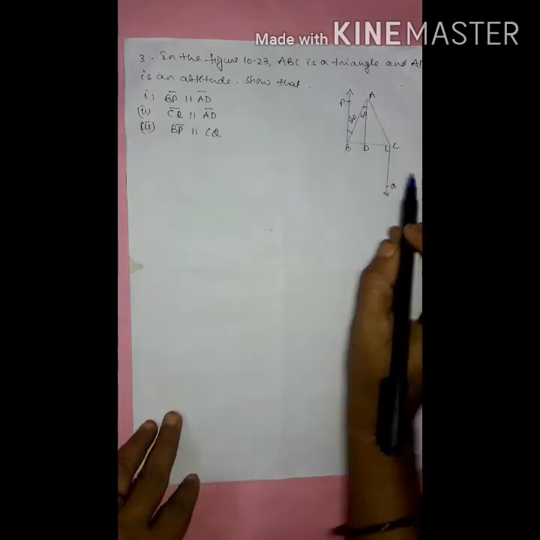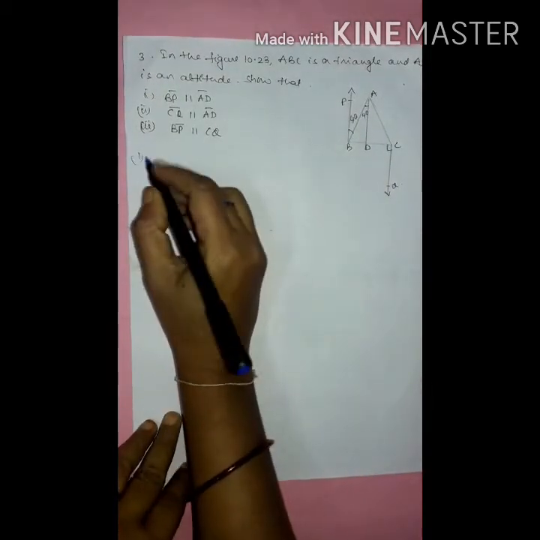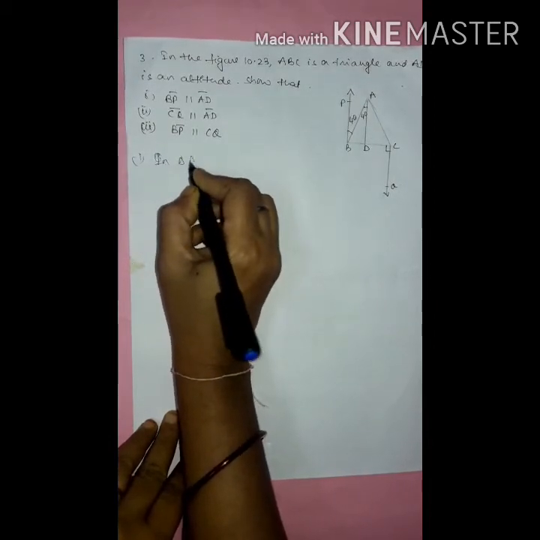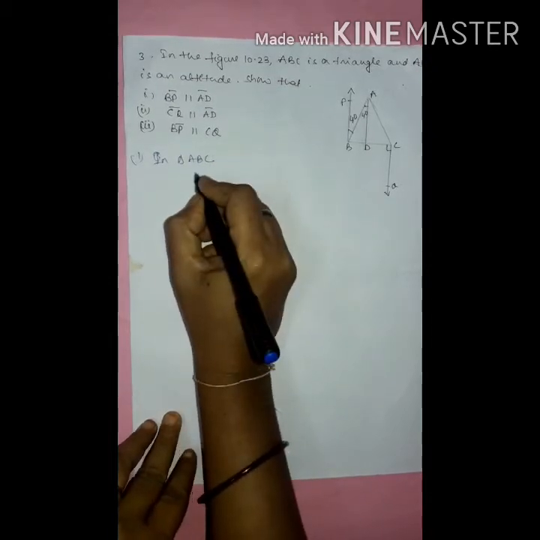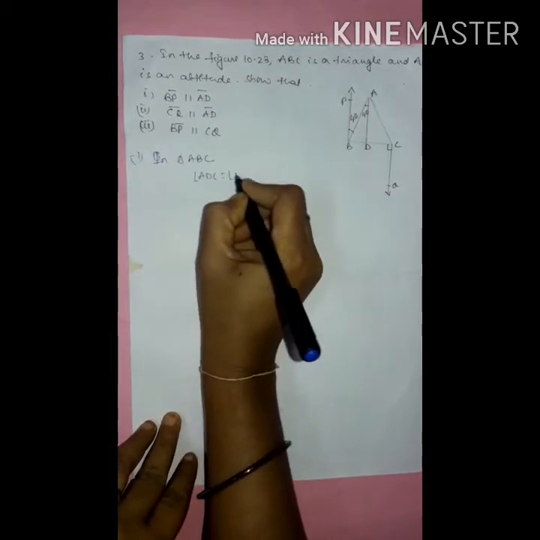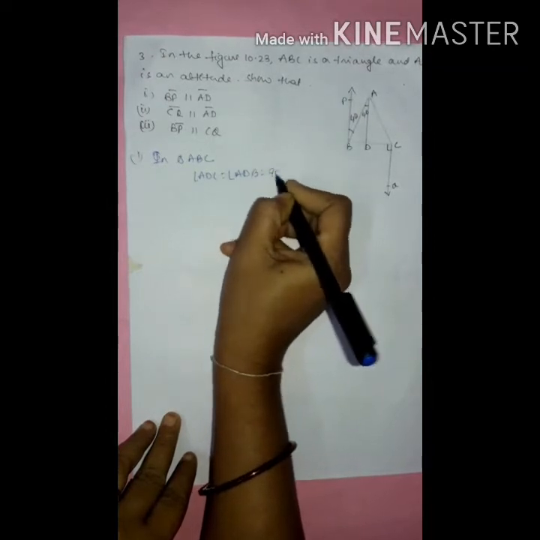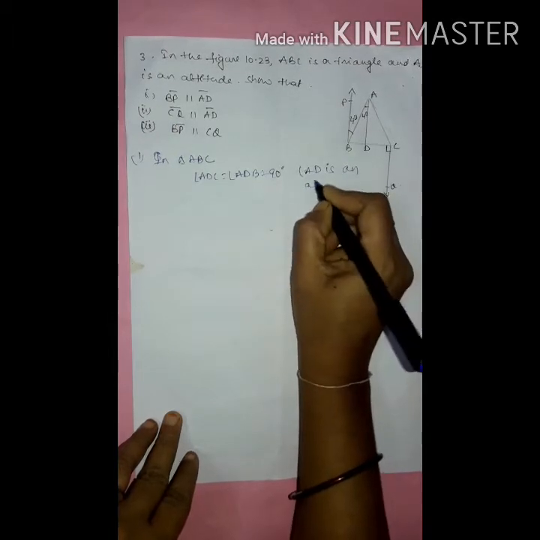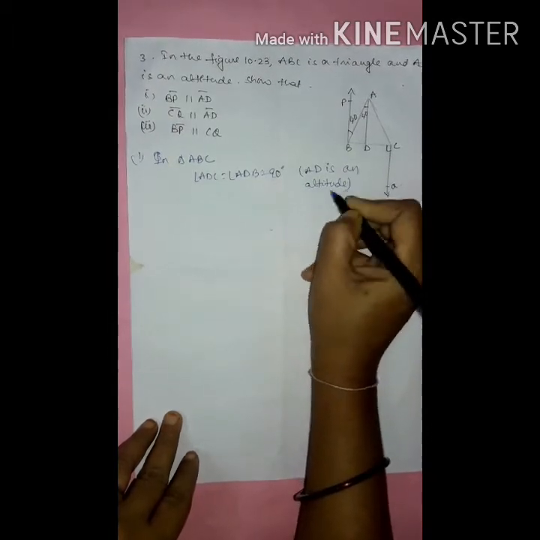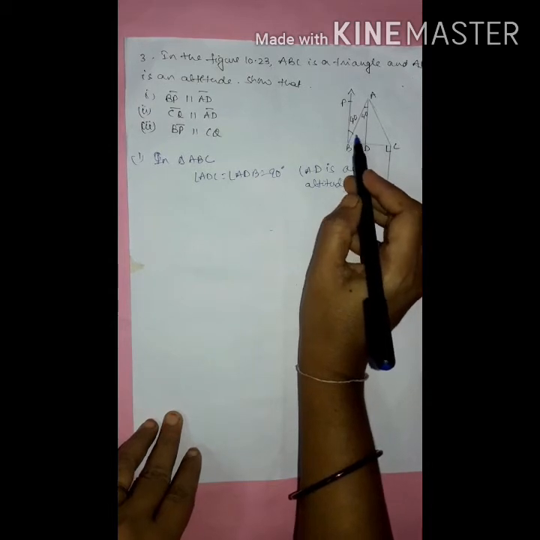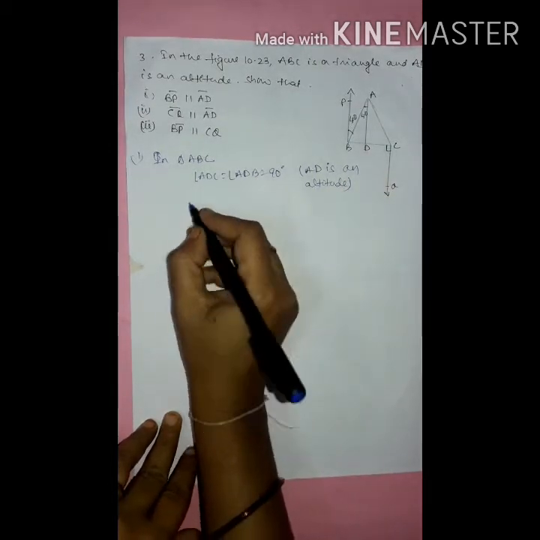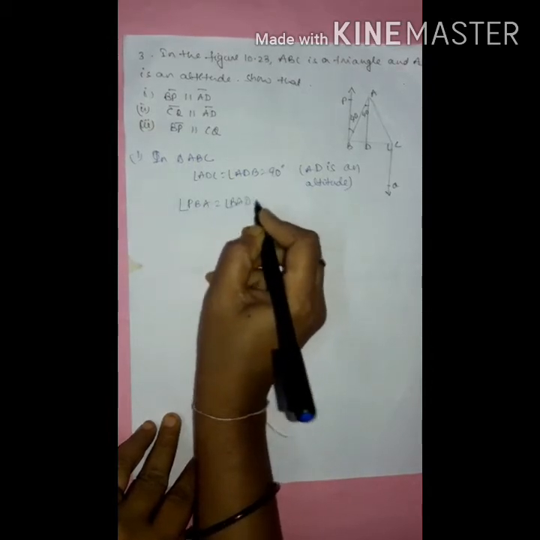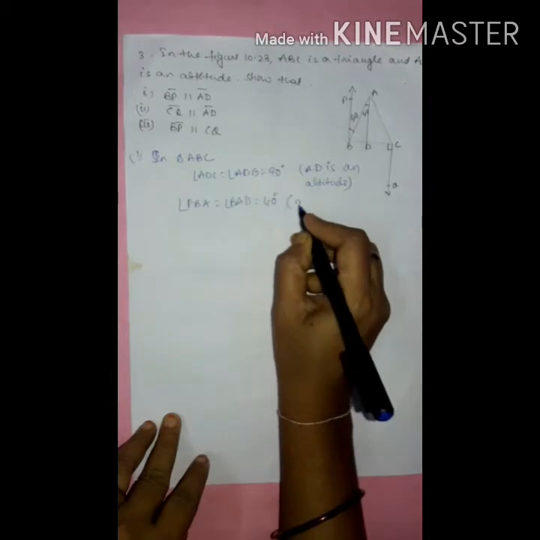First, we need to prove that in triangle ABC, angle ADC is equal to angle ADB is equal to 90 degrees, because AD is an altitude, as given. So now we find that angle PBA is equal to angle BAD, that is 40 degrees.